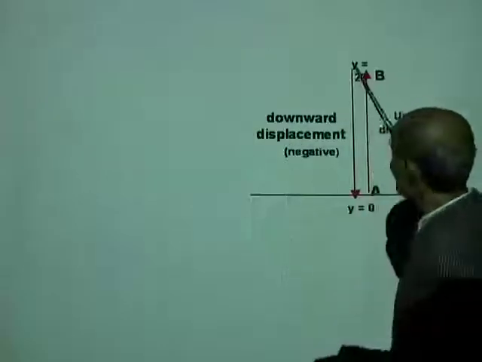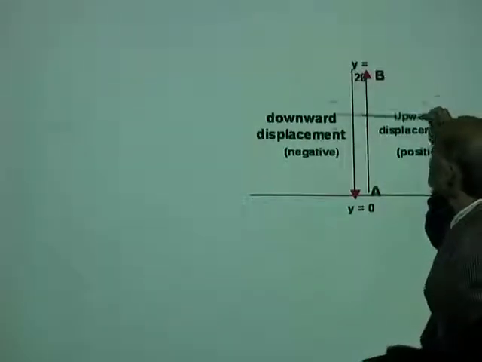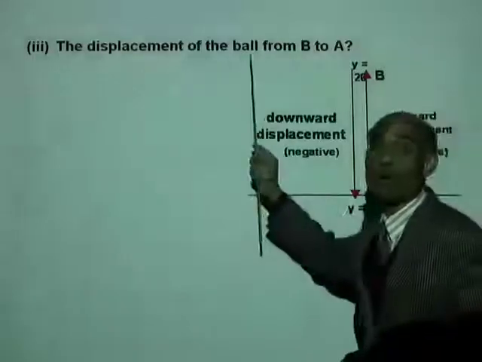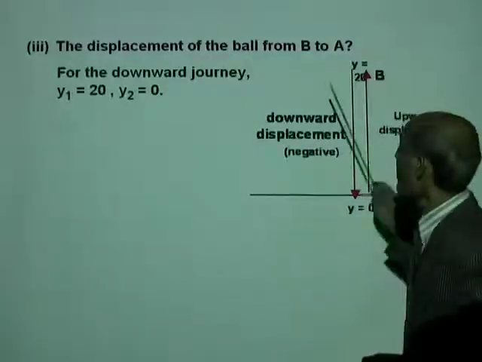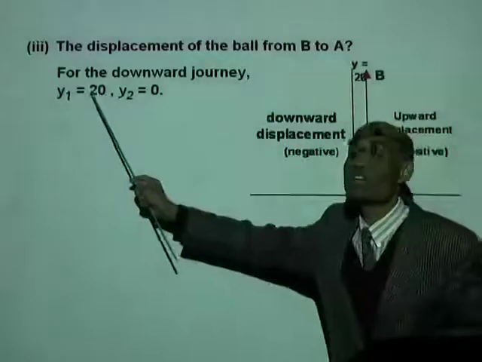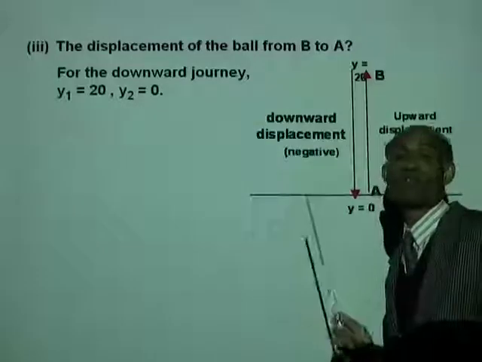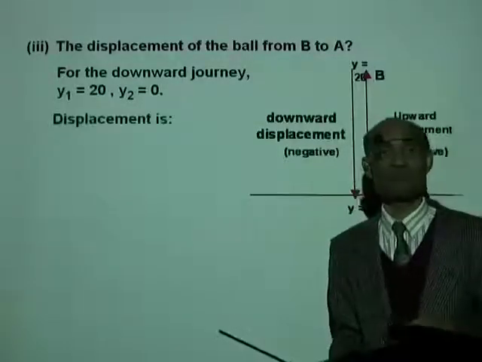Alright, let's now consider the downward journey. The ball is going to move from point B to point A. The displacement of the ball from B to A. Well, y1 for this journey is 20, that's the initial position, and it comes back to its final position, y2 equal to 0.